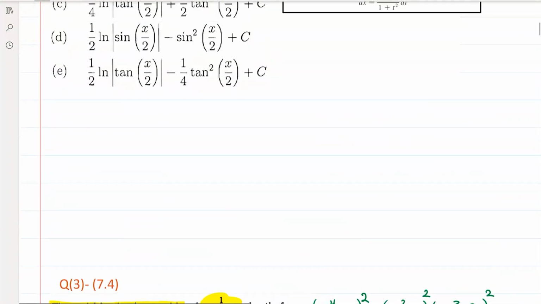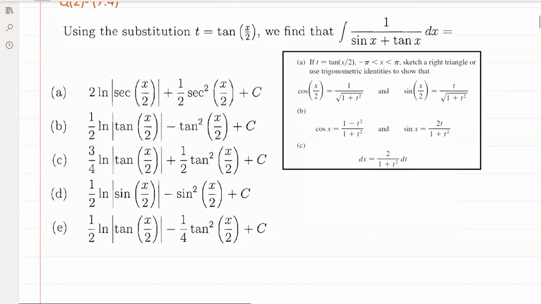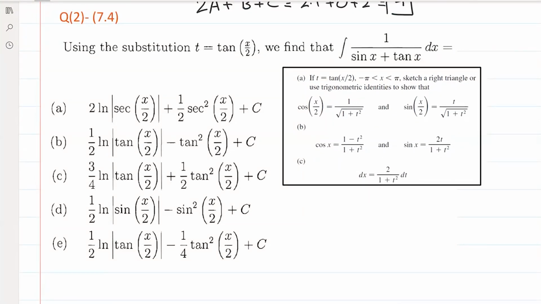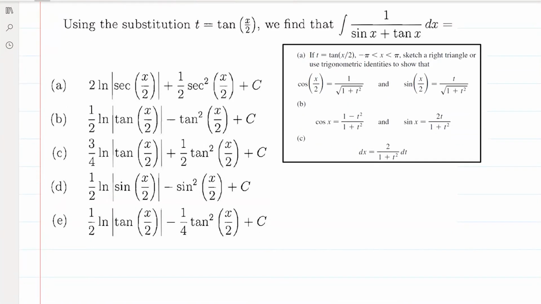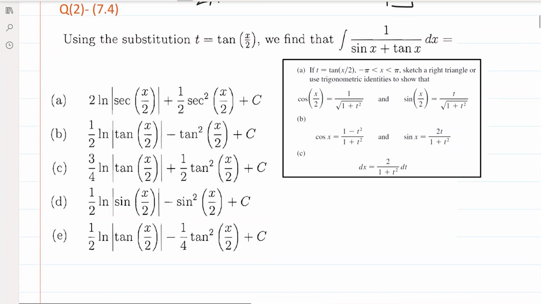Now let me go back to this important idea. We call it special substitution. For this special substitution, I already put here the rules you need. Usually in the questions, we bring this form using the substitution t equal tan x over 2.